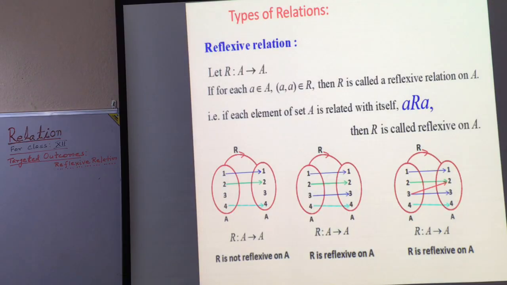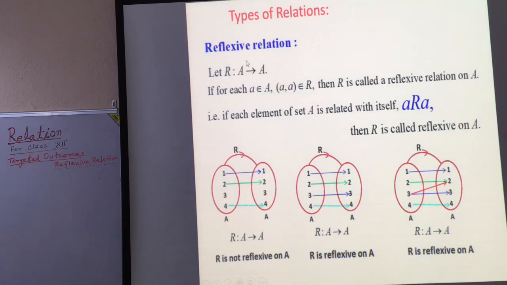Is it clear? When a relation will be called a reflexive relation. The first condition, the relation should be on a set, means from same set to same set. Then question of reflexivity arises.